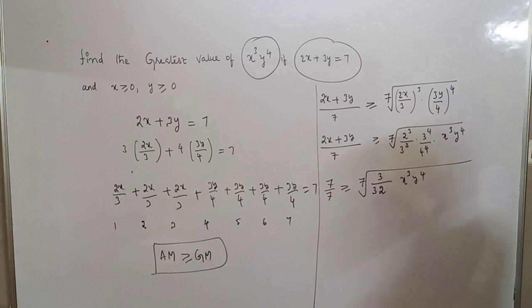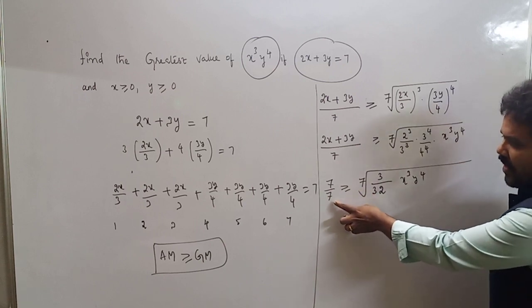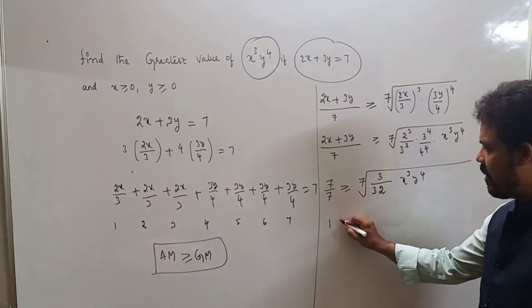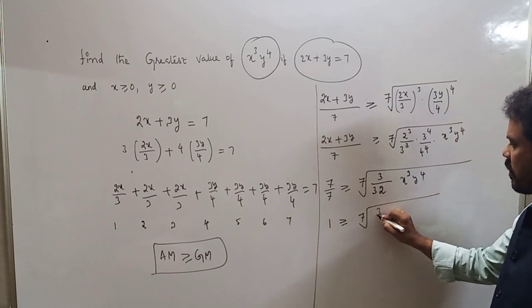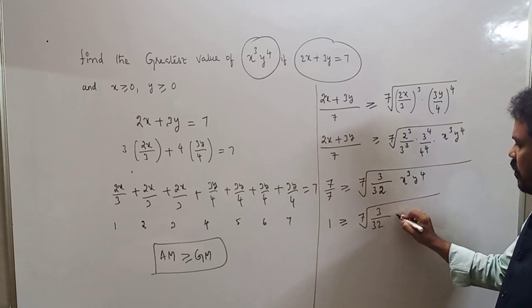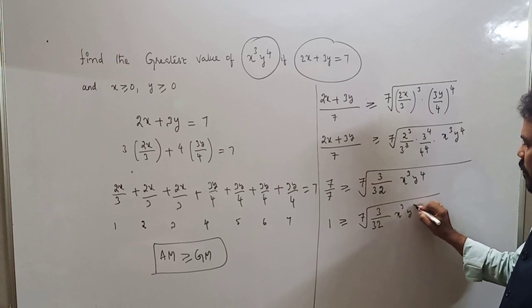Since the 7th root is there, of course the left value is 1. That means 1 is greater than or equal to the 7th root of 3/32 x cube y power 4.